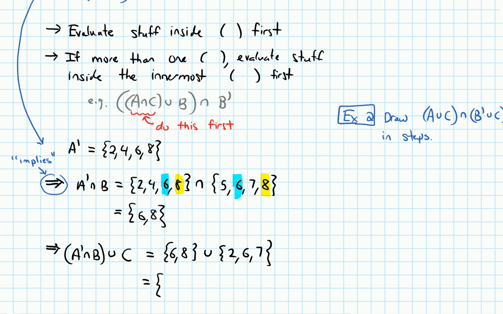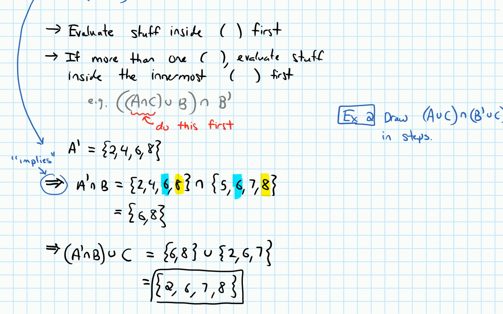In other words, any element that's in the set 6, 8, or any element that's in the set 2, 6, 7, or it could be in both. So I'm just going to do this from smallest to largest. The smallest element that's in at least one of them is 2, and then I see 6, and then I see 7, and I also see an 8. Those are all the elements that are in either the first set or the second set, or both of them. And that is my answer.